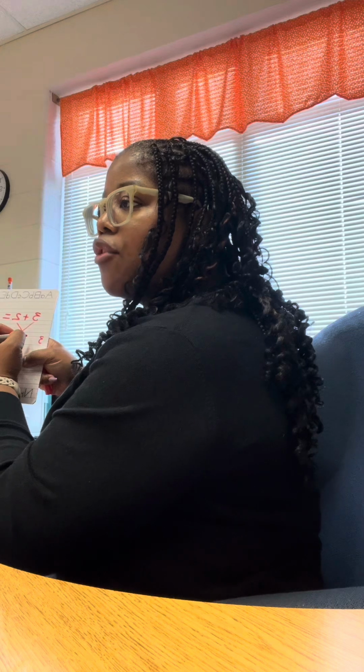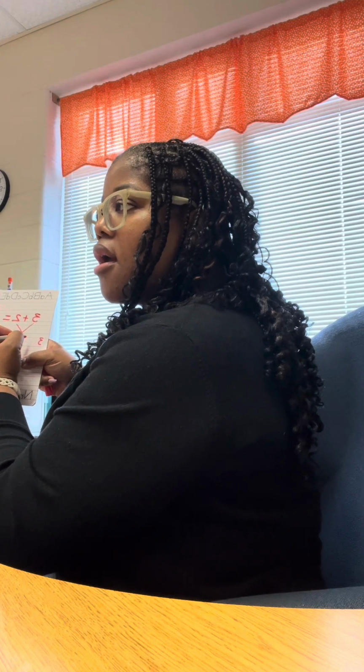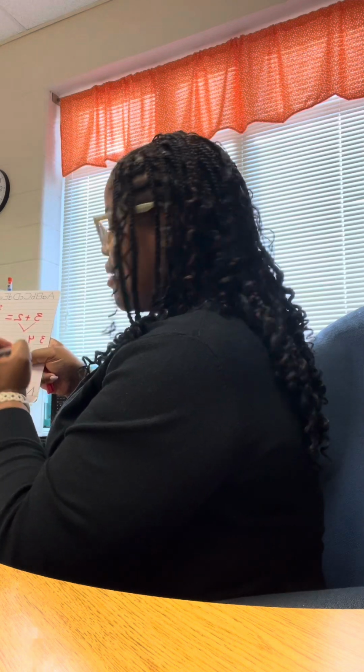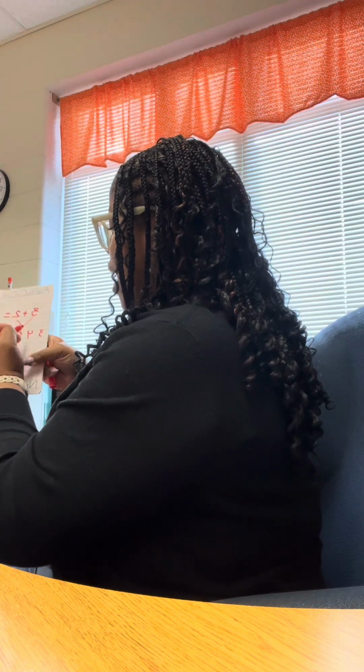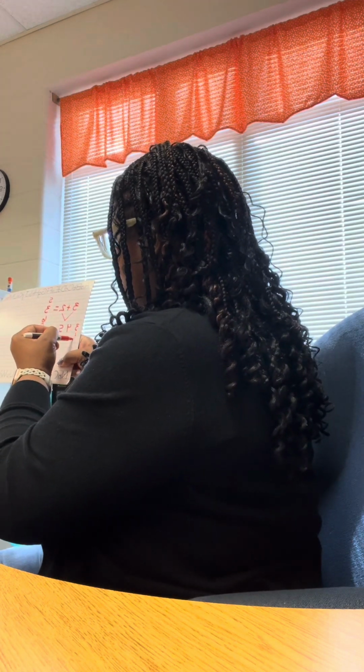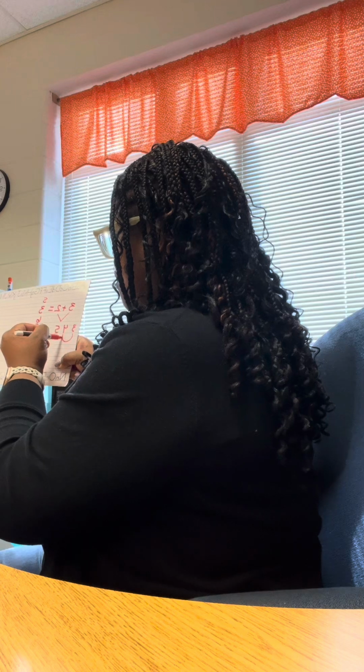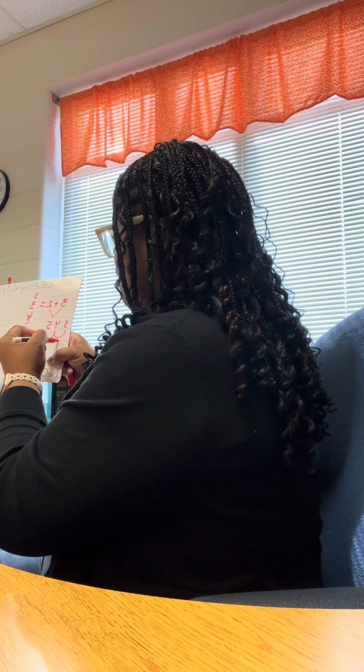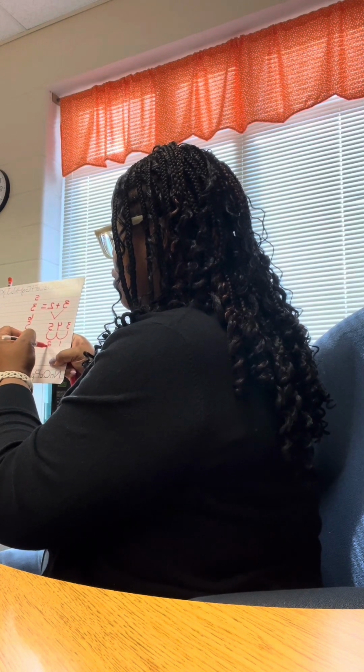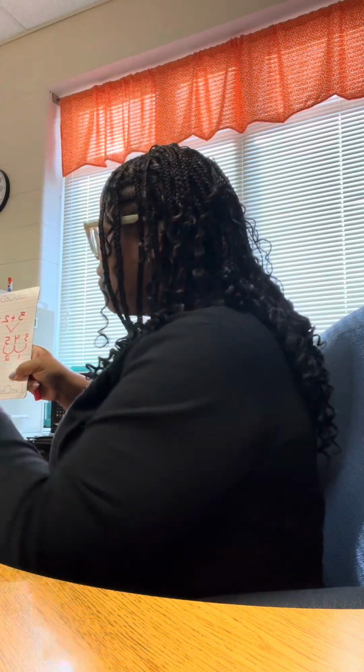What number comes after 3? 4. Then what? 5. Okay, so how many spots did we jump? We went from 3 to 4 to 5. So that's 1, 2. So that makes 5. Everybody see how we got that?